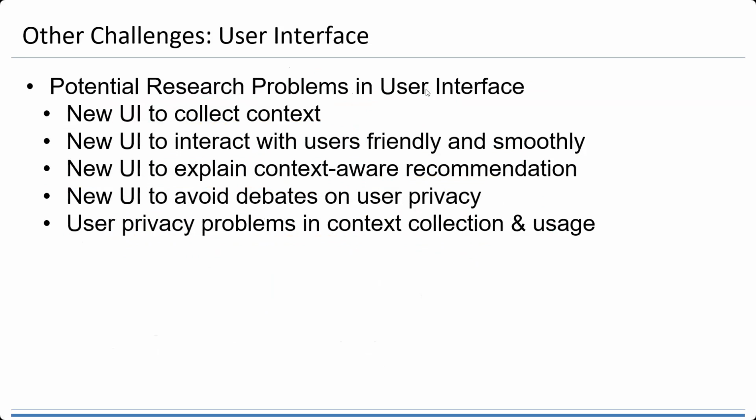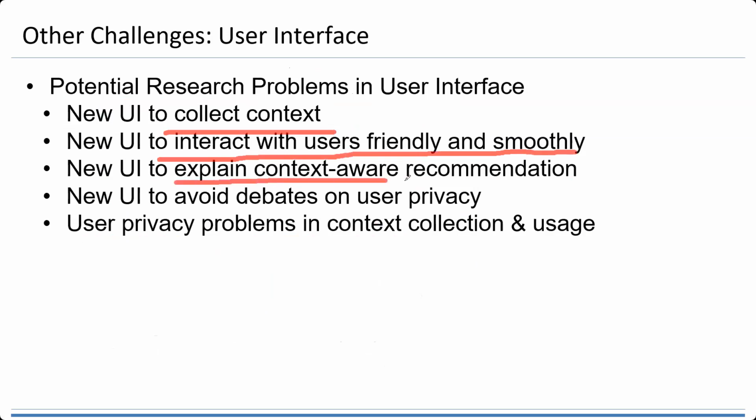The other thing is the user interface, and how to collect context. It is also a challenge. As I mentioned, for data collection, people do not want to share their location. They just want to share their coordinates. Then you need to work out the meaning of the coordinates. The user needs to interact with the user interface nicely and smoothly, and it is complicated.